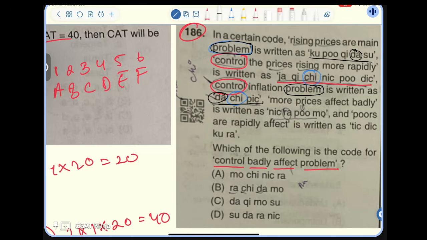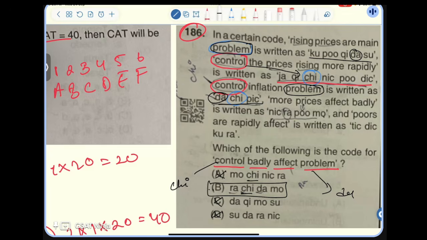Now, control is written as CHI, and problem is written as DA. CHI, CHI, so this one is eliminated. And we don't have DA here, so this one is eliminated. So the option is this one.